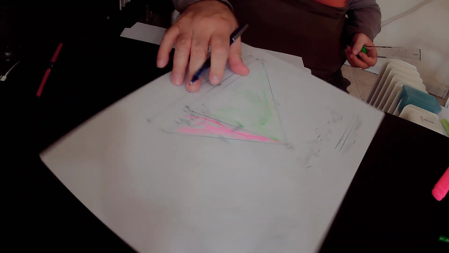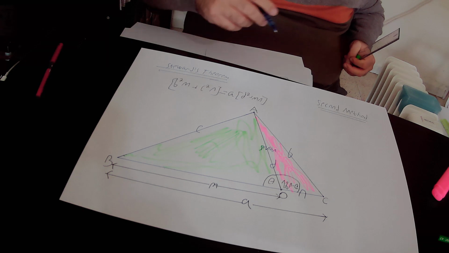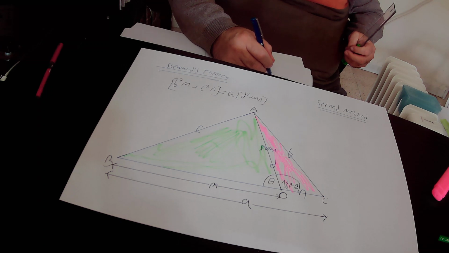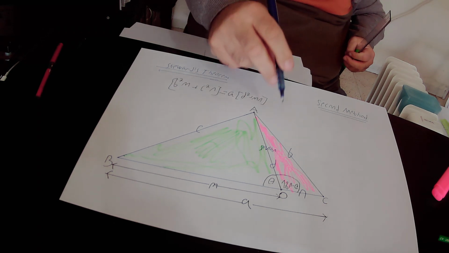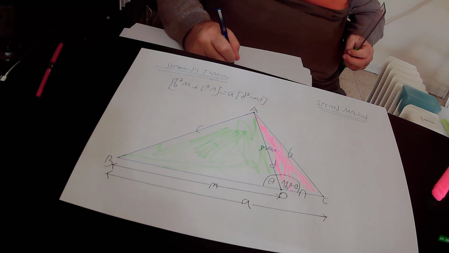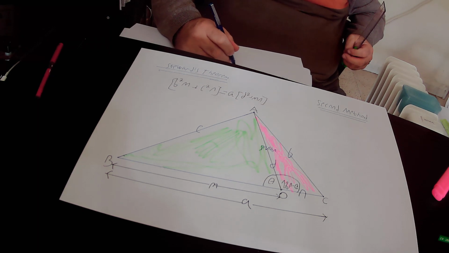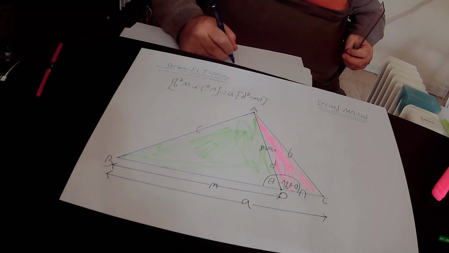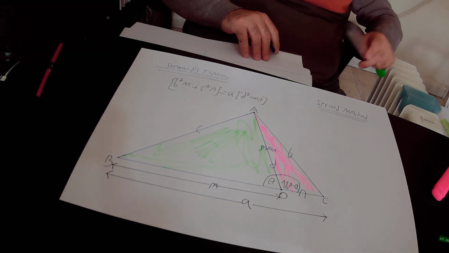So according to the law of cosines, in the pink triangle ADC, cosine 180 degrees minus theta equals d squared plus n squared minus b squared over 2 times dn.